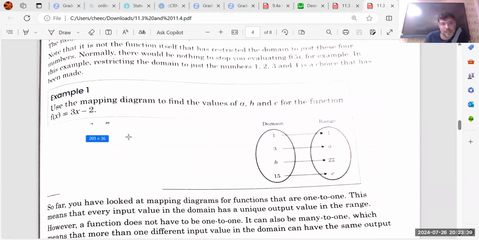So do this question. Example 1. Guys, you have to give the value of A, B, C. There are 3 answers.